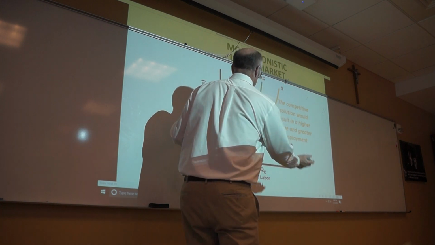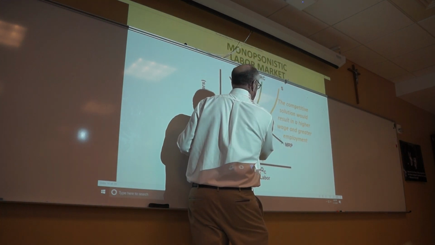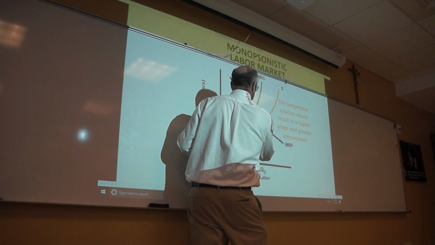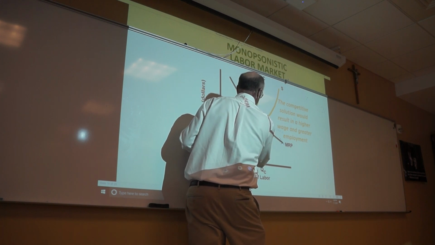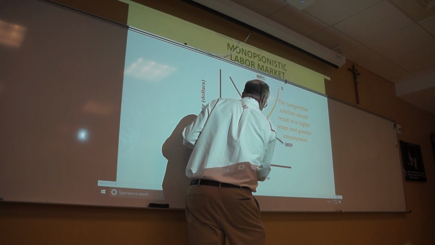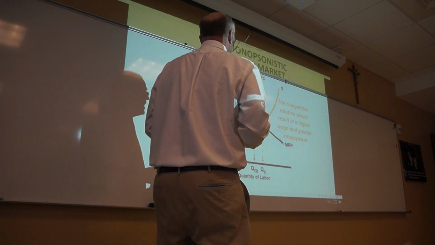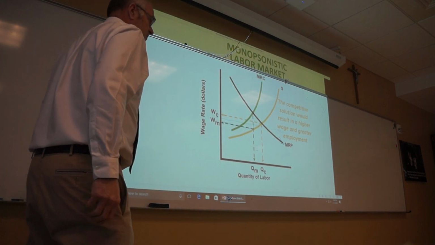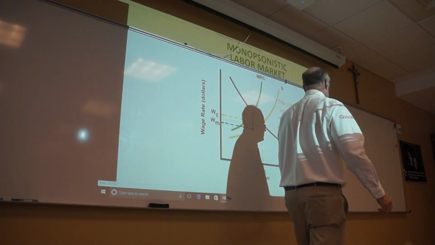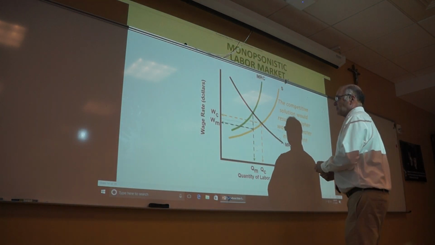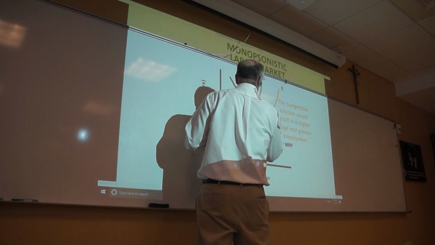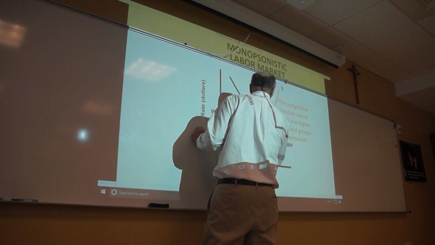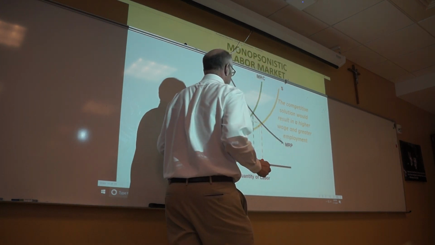It hits the supply, whichever it hits first, supply or demand, that's how many workers you're going to have. You go on down, and the one thing you could say is, in a monopsony, minimum wage increases the amount of workers. In perfect competition, it would decrease it, but here, it increases the amount of workers.